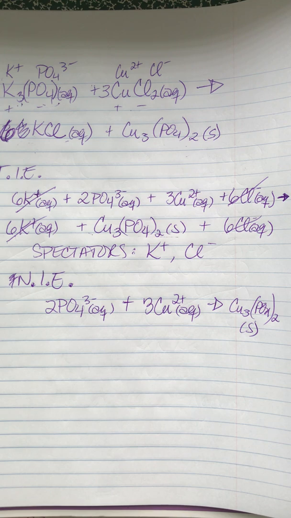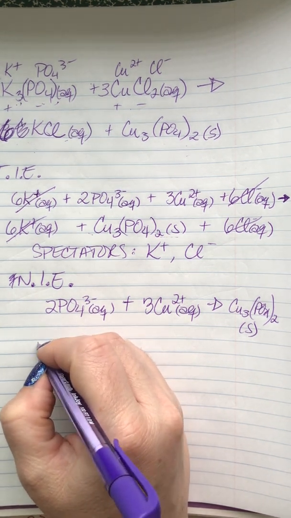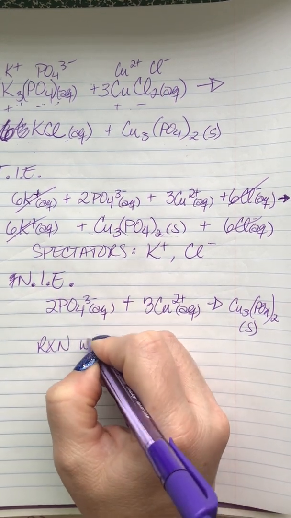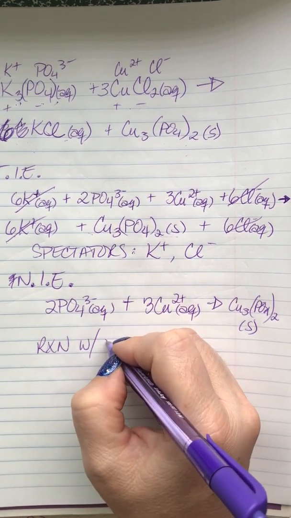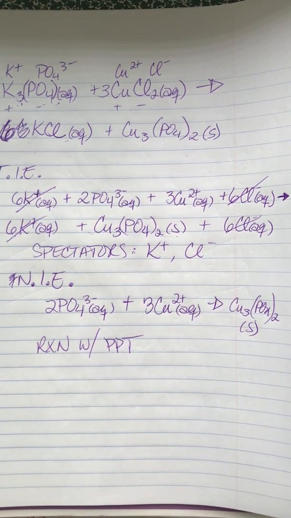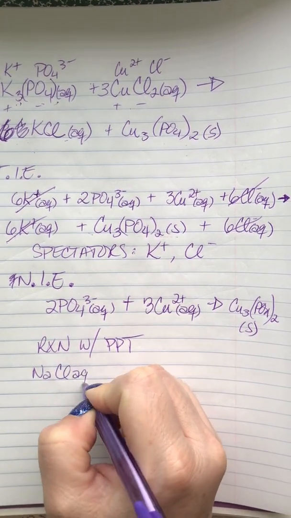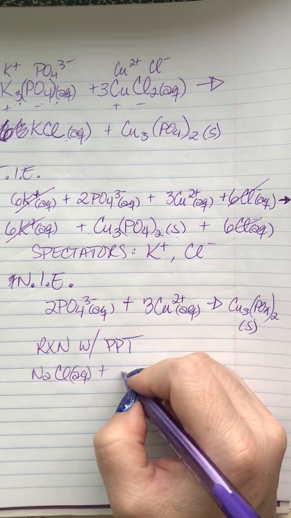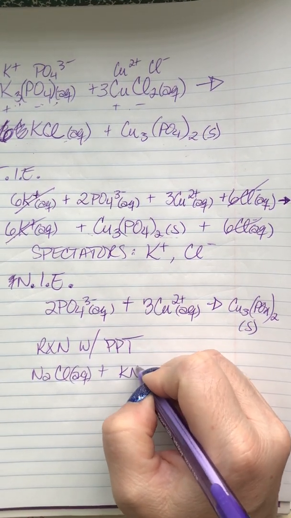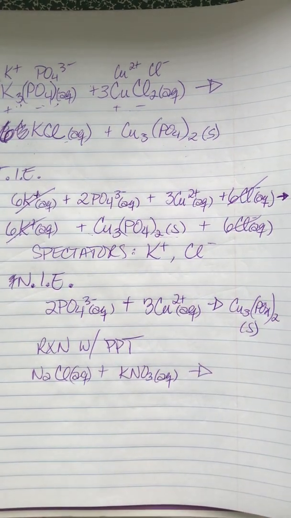Okay, so real quick, I want to give you an example of a reaction with no precipitate, or nothing formed, essentially. So let's say we had sodium chloride reacted with potassium nitrate. What would our products be in this case?